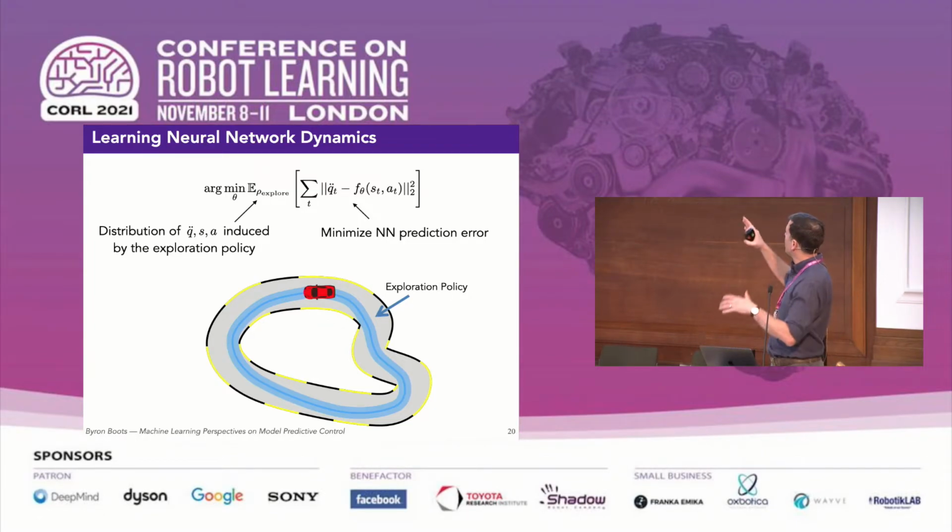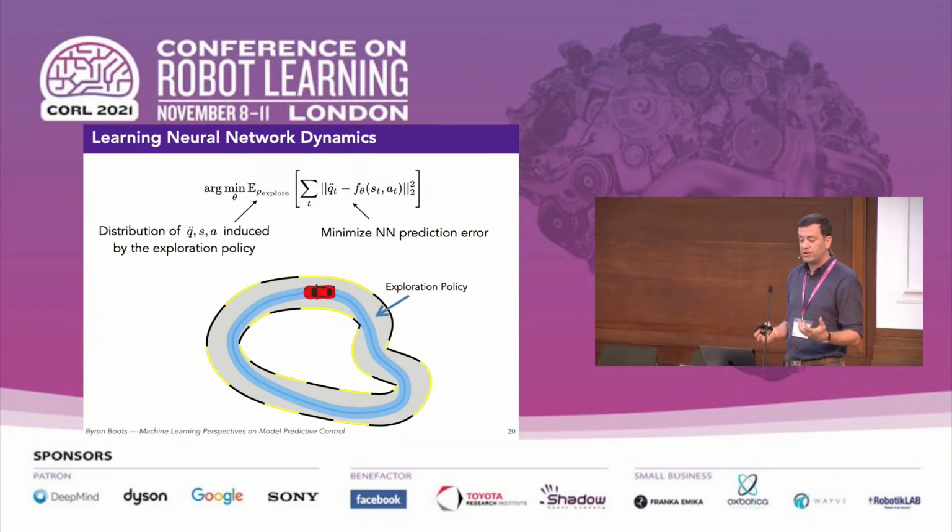The thing which is important to pay attention to here, though, is the expectation, which is related to how the data is collected. The expectation is taken over the distribution of data induced by the human's exploration policy, whoever was teleoperating the car.